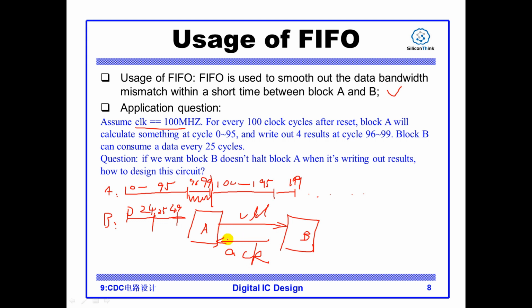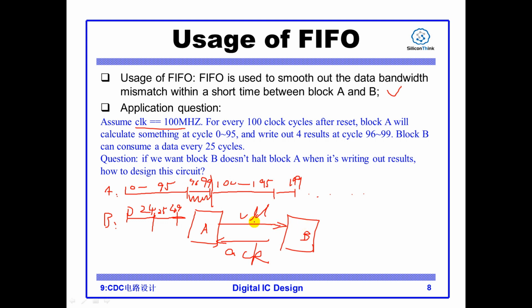So this will extend the cycles used by block A to output the result. So the whole number of cycles used by block A to process a block of data will be more than 100 cycles. That will lower the performance of block A and block B.